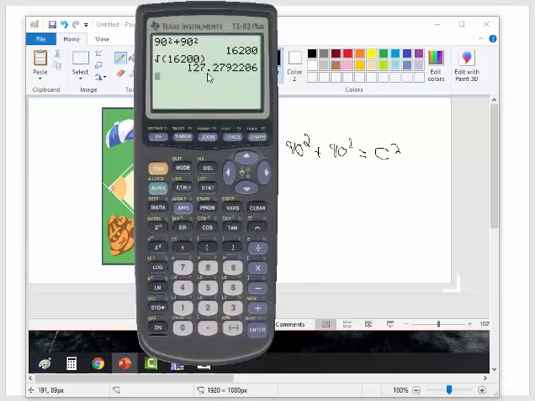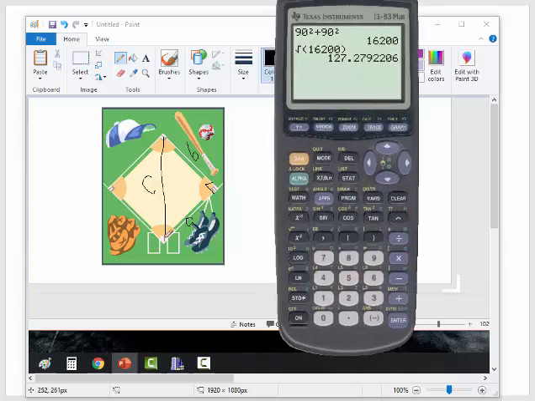And you see it's 127.28 feet. So the catcher has to throw from home to second 127.28 feet. Whenever you have to undo a square, you have to do a square root.